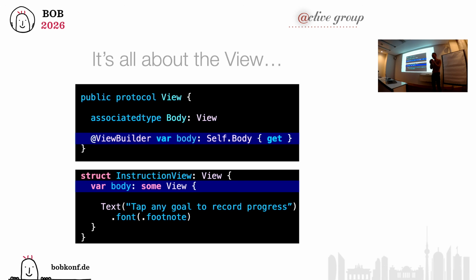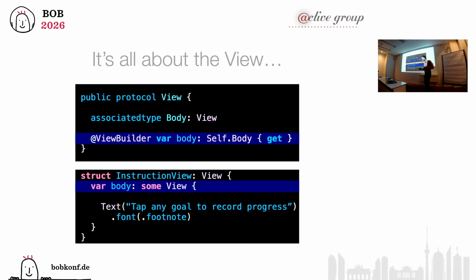It could be func, brackets, arrow, but this is shorter to write. This is called the body property, and the protocol, the type class, requires all view structs to have this. It's like one of the methods of the type class. And in that function, you write your view code. That's the function you call to create the view.